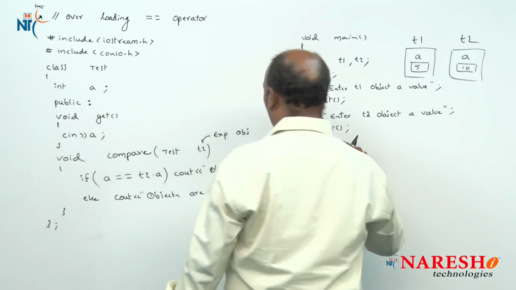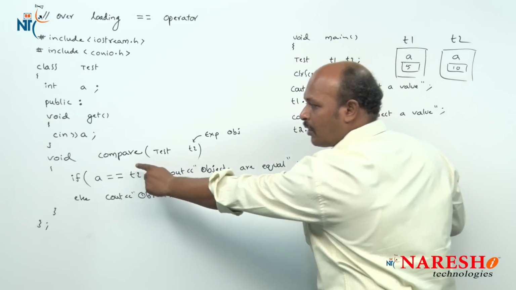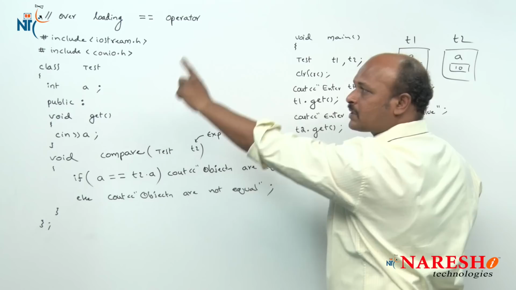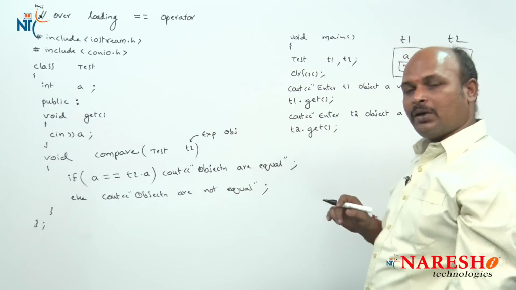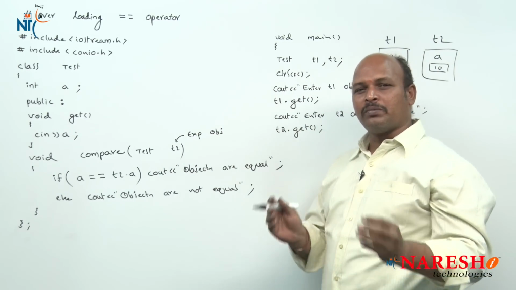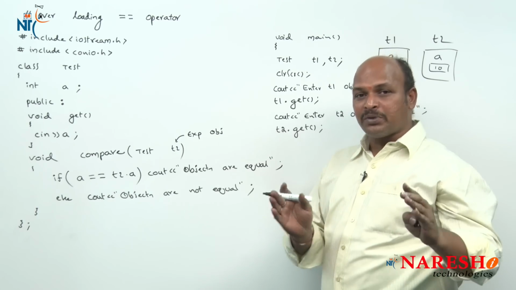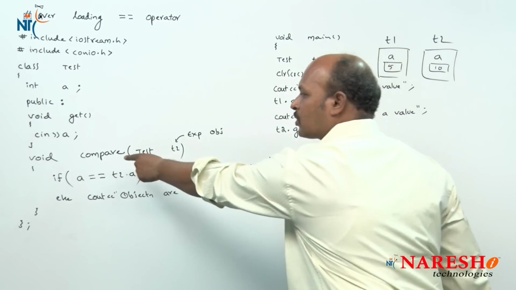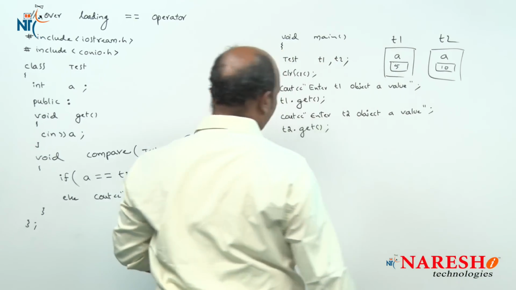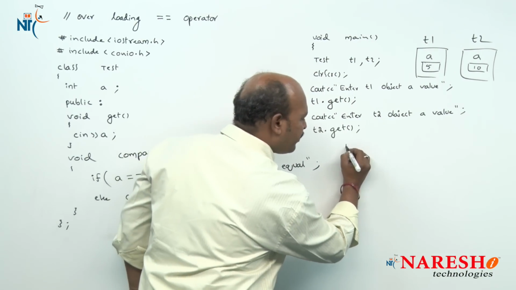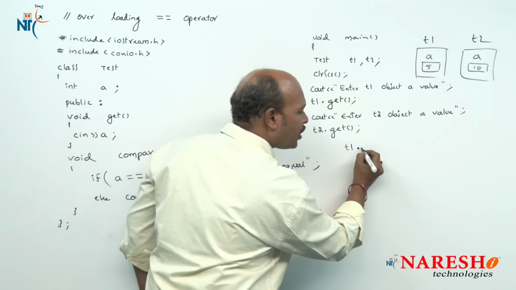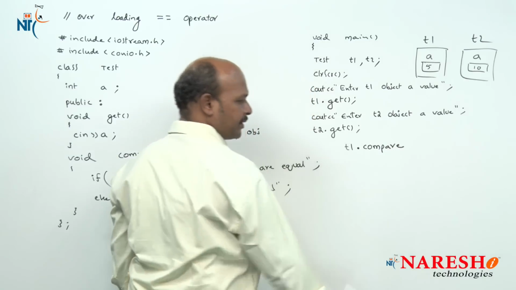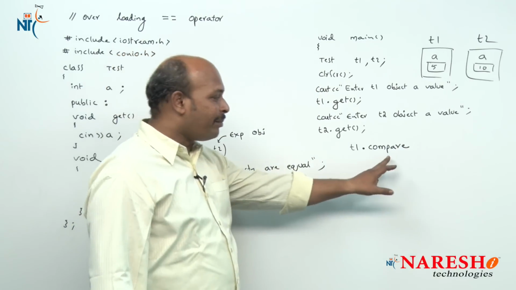Generally, to compare the objects, I have used the compare function. It is a member function of this class, and every member function should be invoked with the object name only. That is why the rule is T1 dot function name, that is T1 dot compare.